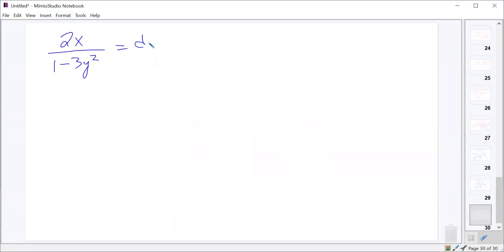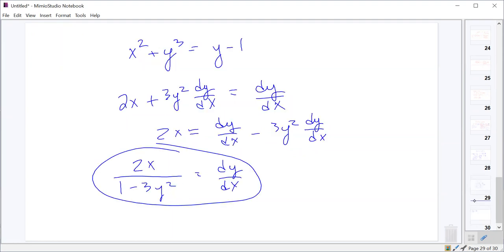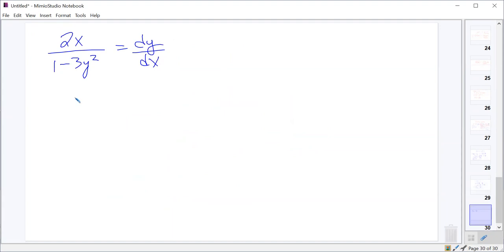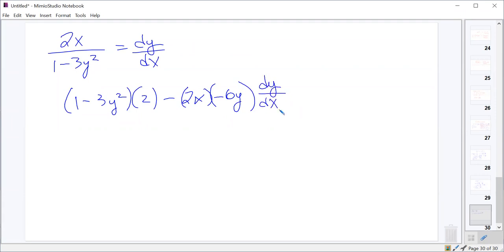Then we do denominator times derivative of numerator, minus numerator times derivative of denominator, which is the derivative of a y term with respect to x. So it becomes negative 6y dy/dx, all over 1 minus 3y squared.